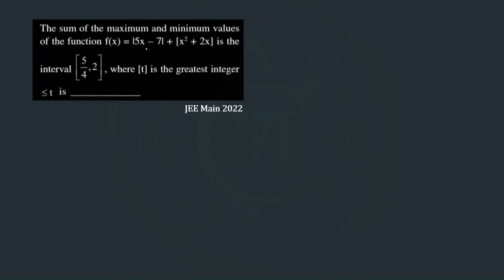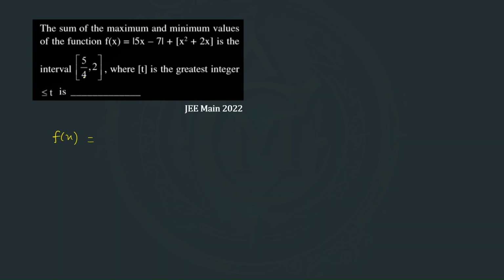First, we have to break this modulus. So f of x is, this mod will open with negative sign when x is less than 7 by 5. Now x is 7 by 5, that means x is 1.4, and we know 5 by 4 is nearly 1.2.